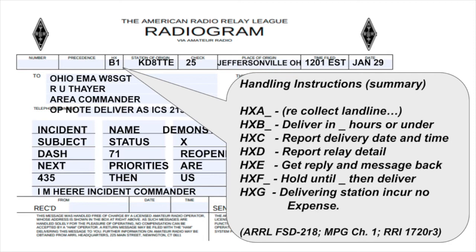In this case, we're using Handling Instructions Bravo 1 because we want the message to be delivered in an hour from the time filed or under. If the message is not delivered in that time, it will be canceled and the sender will be given notice. Use of handling instructions like this is also valuable information for the relay stations so they know whether relay or delivery can wait until the next net or meeting.